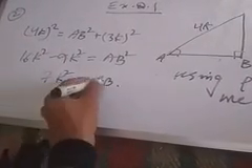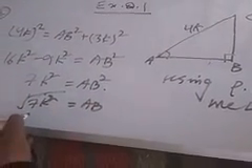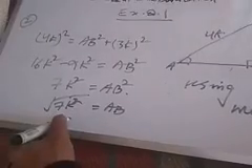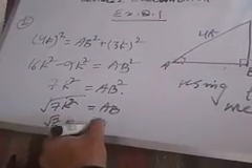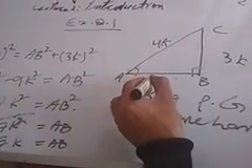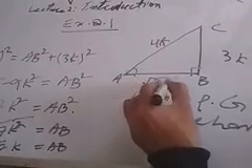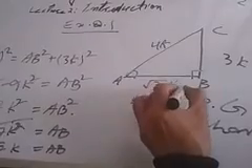So it will be under root 7k square equal to AB. Under root 7 is not a perfect square, so under root 7 k equal to AB. So this is under root 7 k.